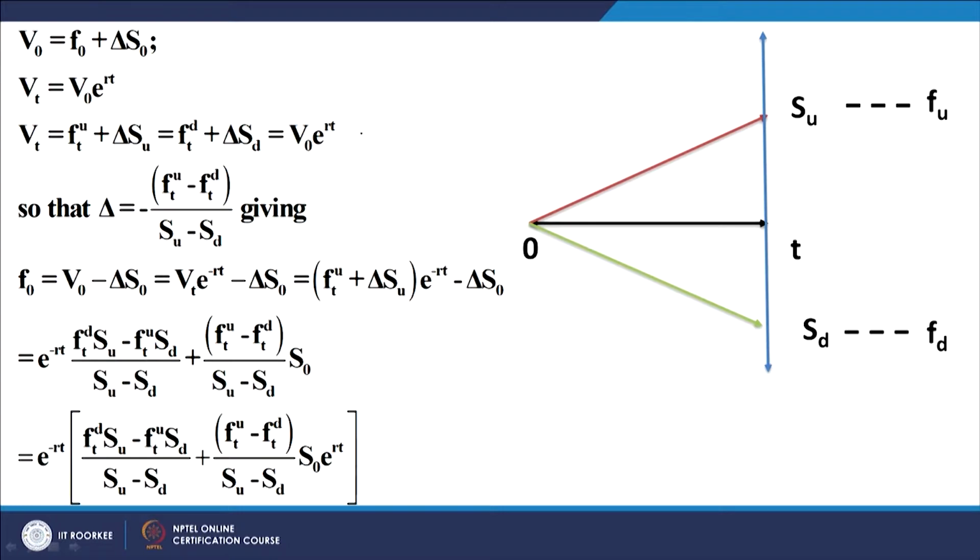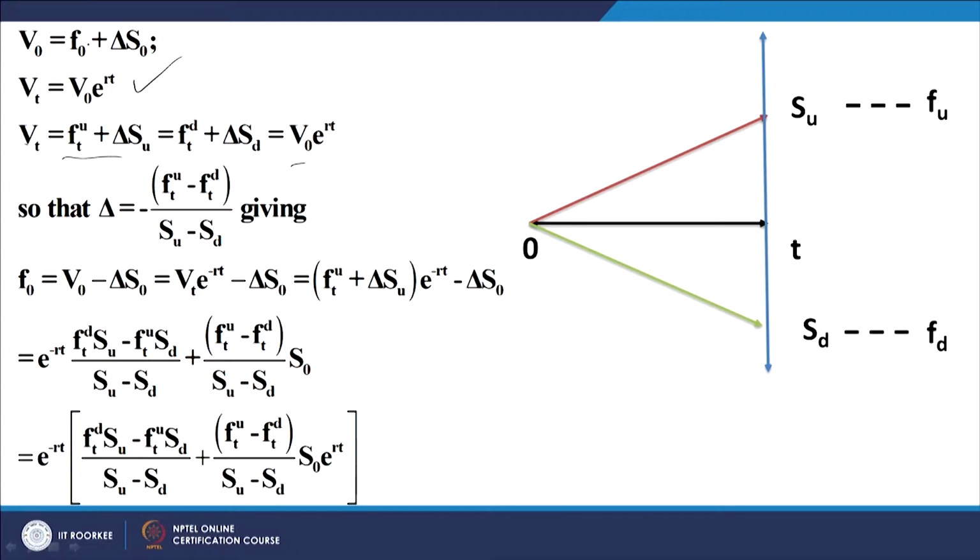This expression we have already agreed. This expression represents that the portfolio is independent of the direction of movement of the stock price. Therefore, equating the two values of VT, this is one value of VT, this is the other value of VT, this expression is equal to this expression. Substituting the value of delta that we worked out earlier, we get f0 is equal to V0 minus delta S0, from the first equation.